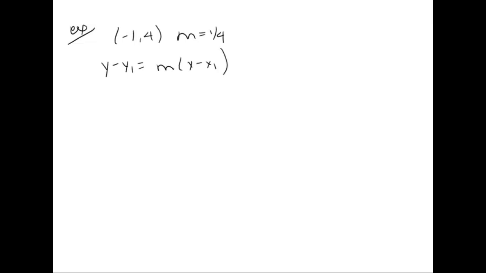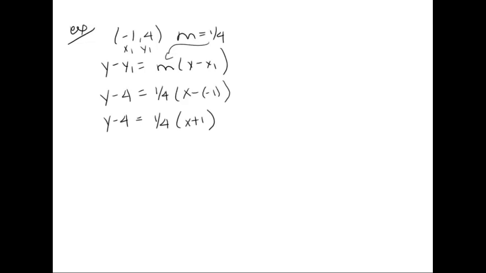All right, and now we're going to just plug in. Remember, my point is x1, y1. So y minus 4 is going to equal my slope, which of course is 1/4, times (x minus x1, which is negative 1). Now be careful of those negatives, right? So let's clean this up a little bit, and it's going to be x plus 1.